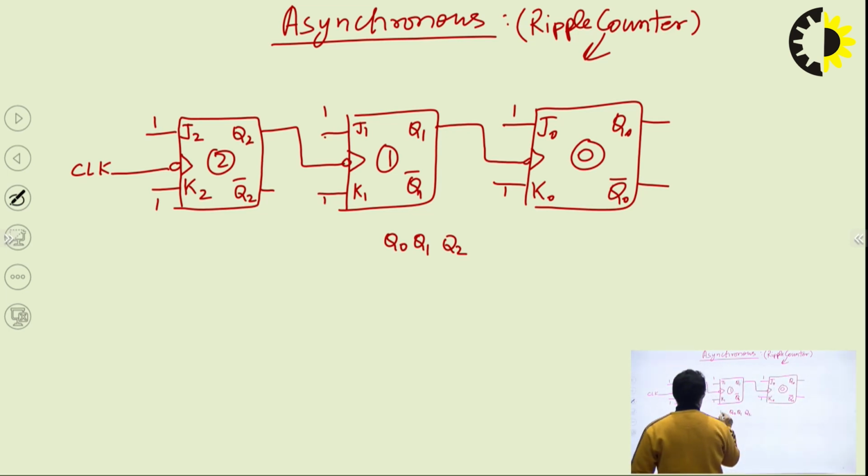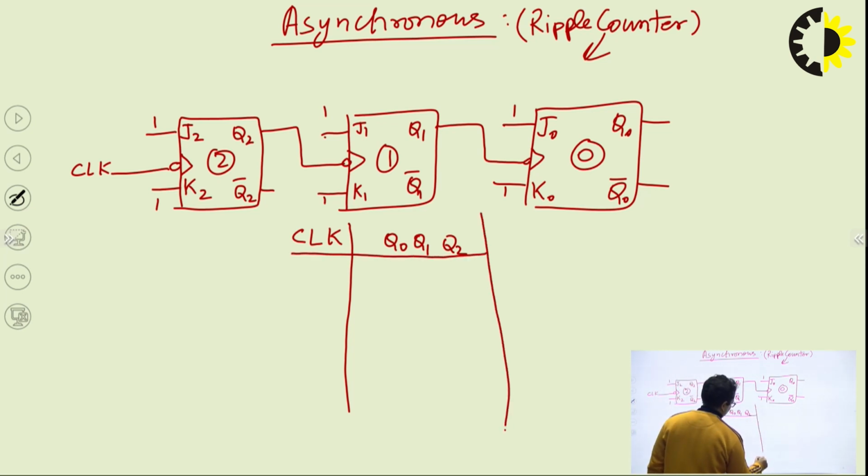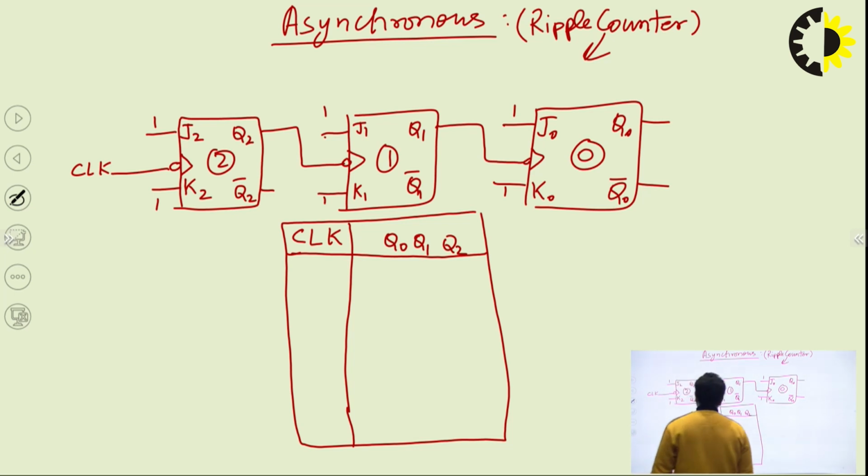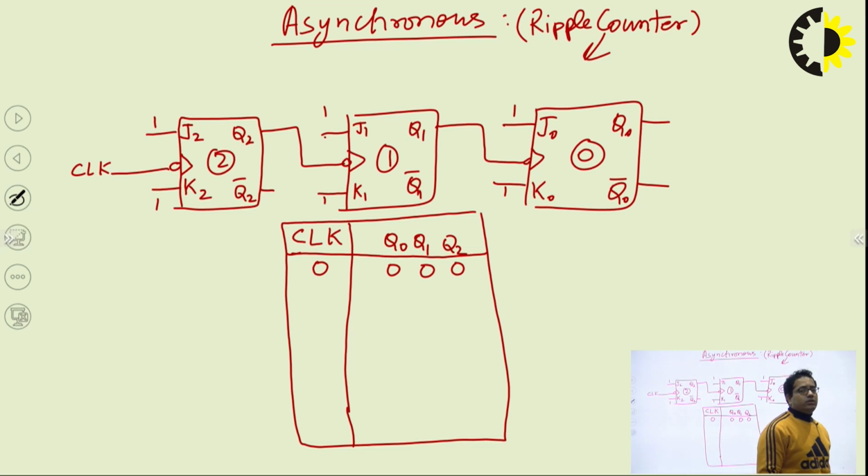Now we will write the output and discuss, based upon the output, whether it is an up or down counter. Let us assume that when no clock pulse is applied, all flip-flops have a 0 value at their output terminal, that means all flip-flops are in the reset state.